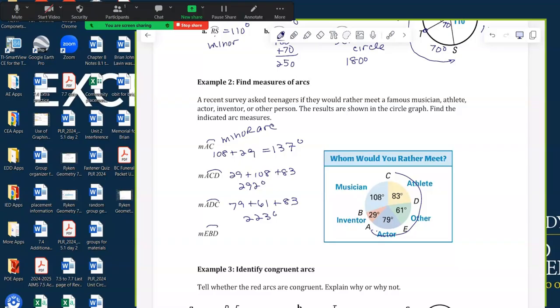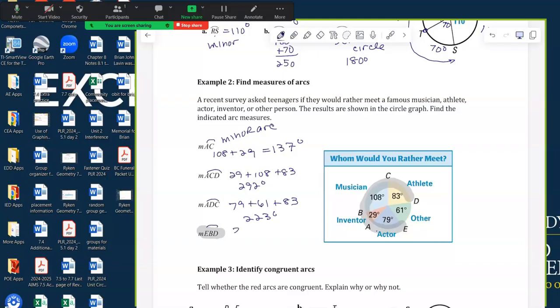EBD. Oh, look at this. There's an easy way to do this and a hard way. Look at what I'm going to show you. Let's highlight instead. Okay, so starting at E, I'm going to come all the way around. So if I want that big gray arc, I could add up all those numbers.